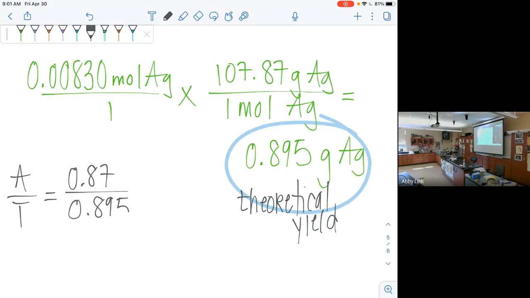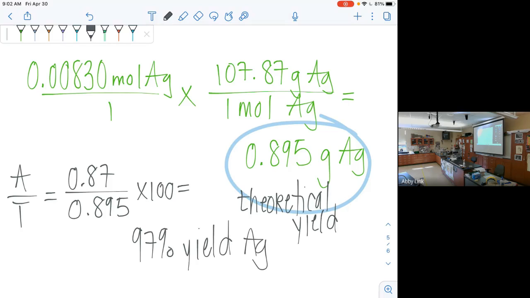Now this one's a little weird because the 0.87 has 2 sig figs and the 0.895 has 3, so technically I should have 2 sig figs in my final answer. I get 97% yield of silver.